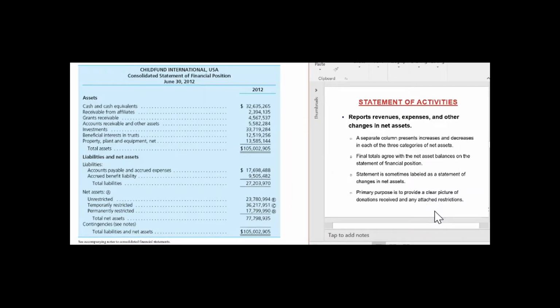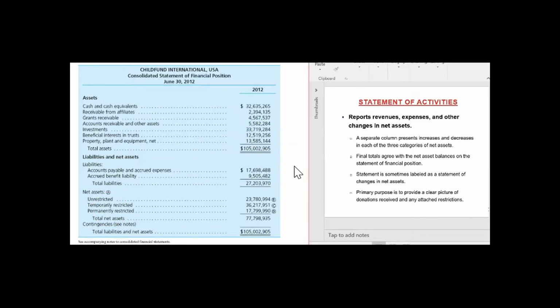So the statement of activities is just like an income statement, where they show all sorts of their revenues and expenses, but one specific criterion is that they actually show the changes in these net assets. Remember, net assets are just like net equity.